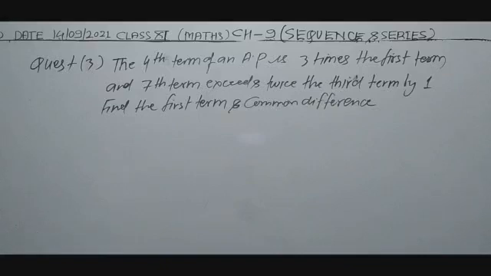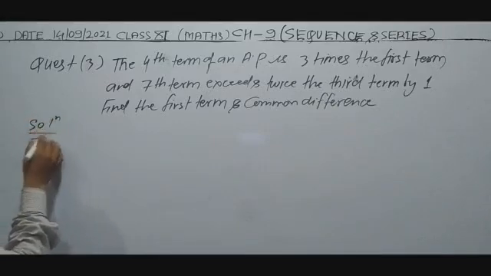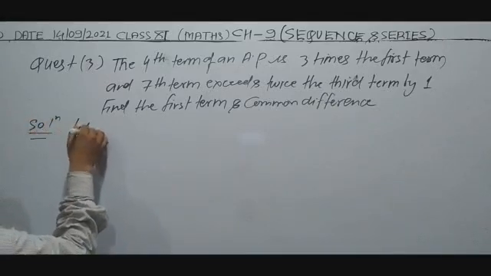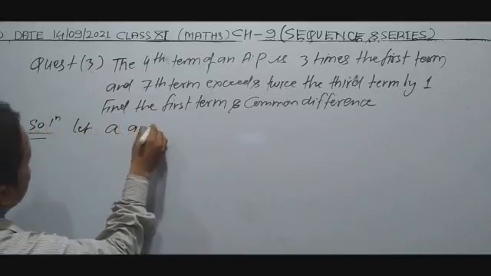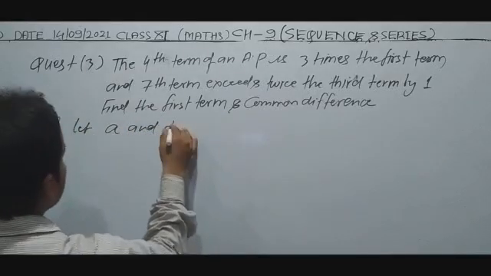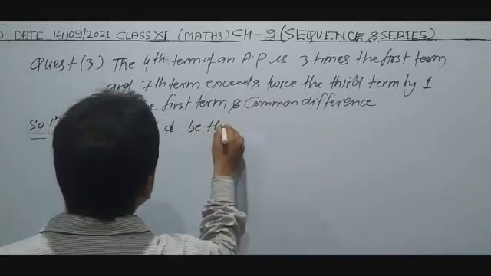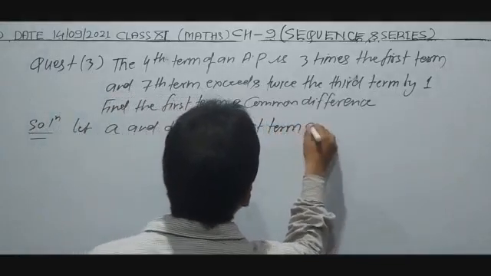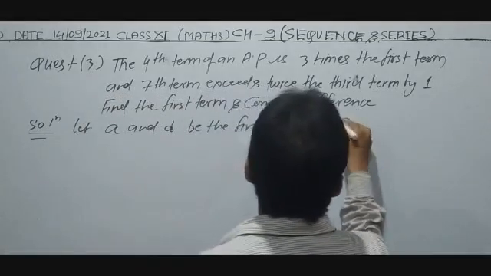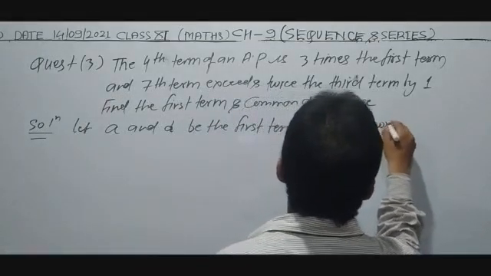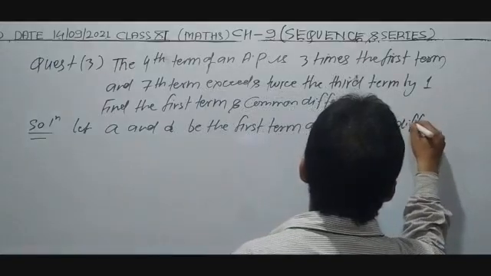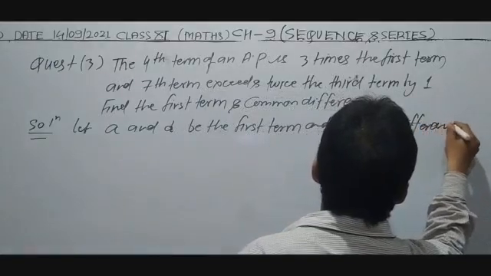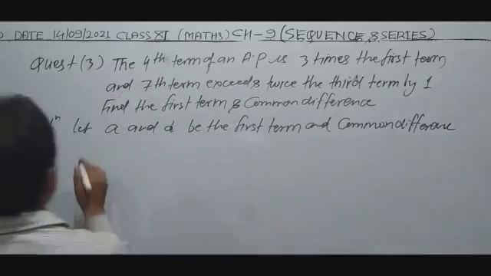Now in this question we have to find A and D. So solution: let small a and small d be the first term and the common difference of an AP.